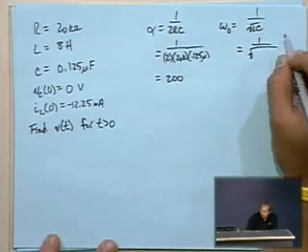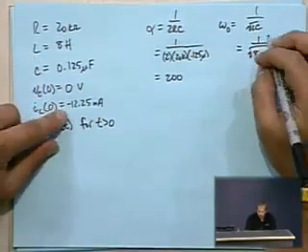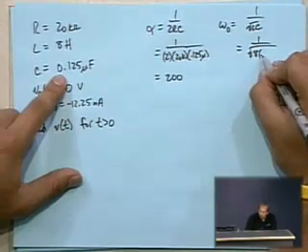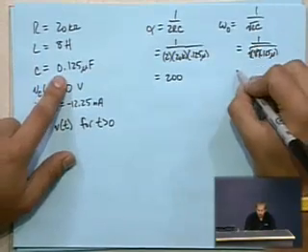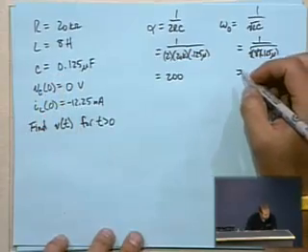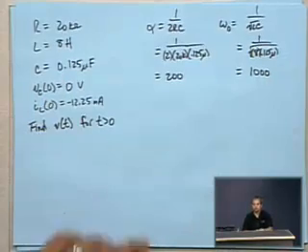Then 1 over the square root of L, which is 8, times 0.125 micro, and that should give us 1,000. We plug it in.